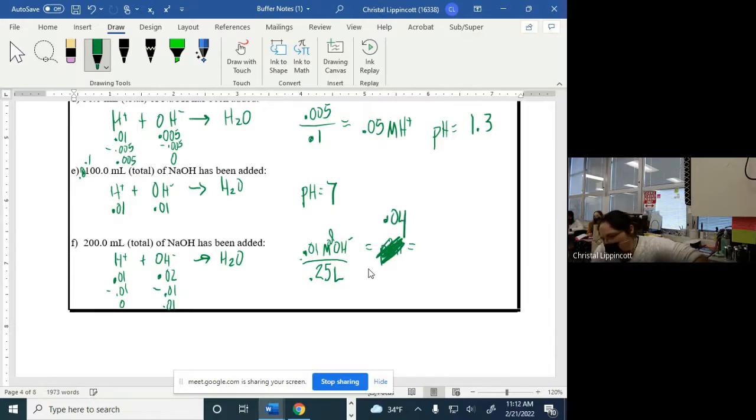And if I take the negative log of that, it's going to give me pOH, which equals 1.4. Right, the pH then is going to be 12.6. So 14 minus this gives me 12.6.